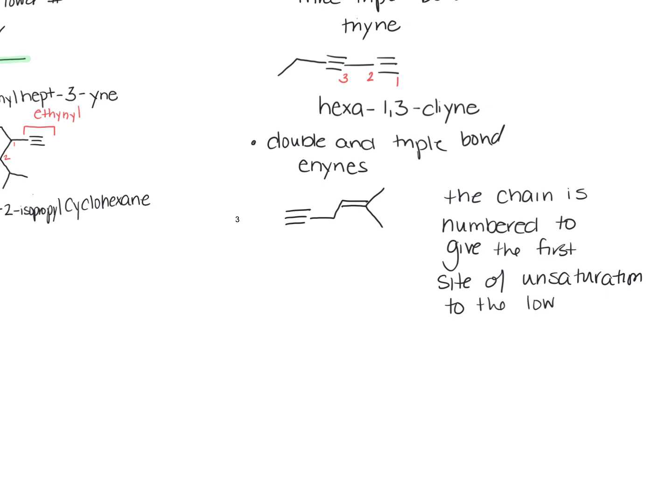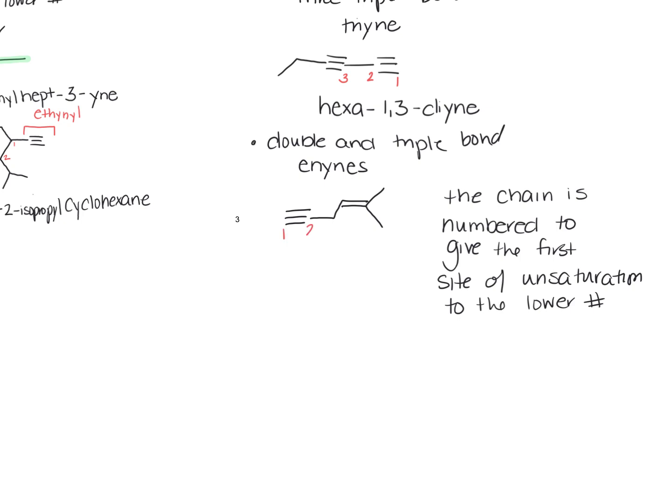So when I say unsaturation, I either mean a double bond or triple bond. It doesn't matter which one, but you want to give that unsaturation, that first site, whether it's a double bond or triple bond, the lowest number. So if we start counting over here, we get 1, 2, but if we count over here, we get 1. And so that's the way we're going to count.